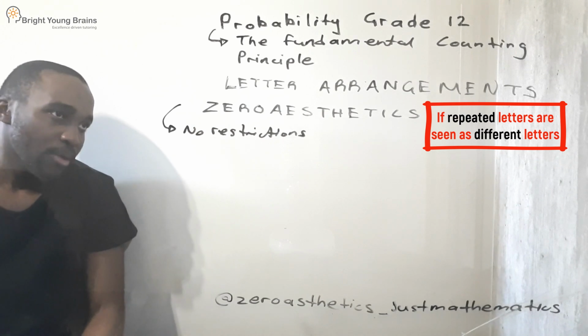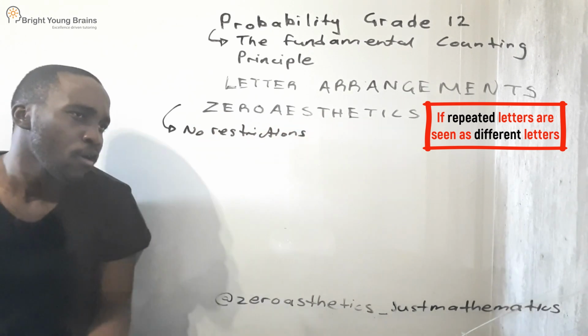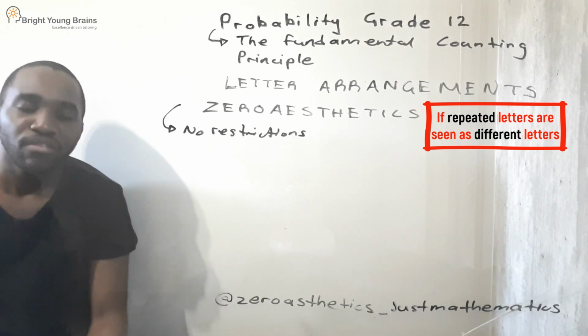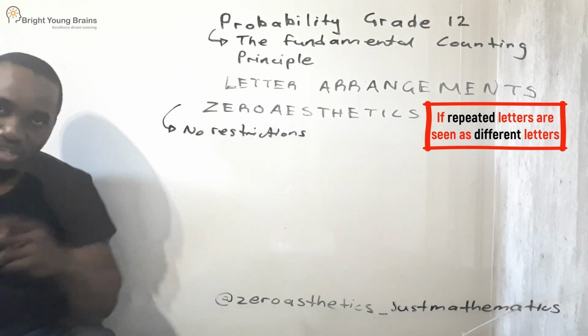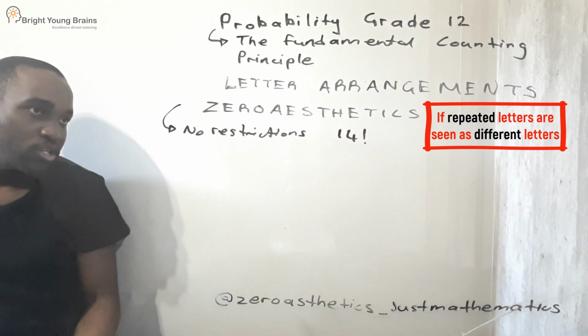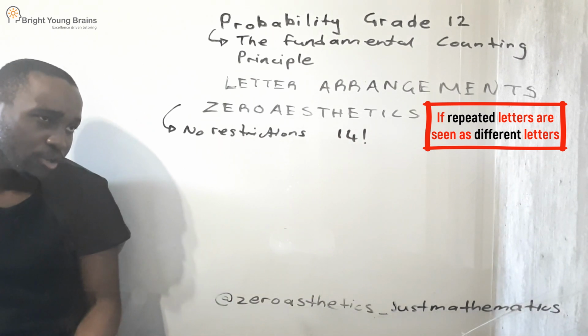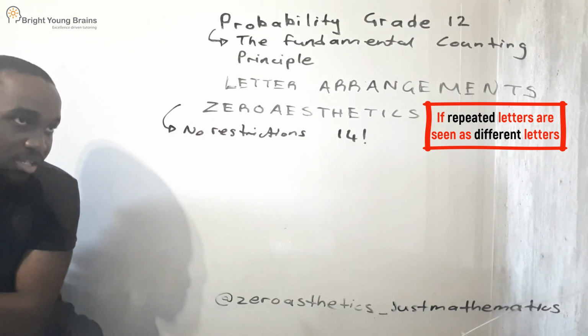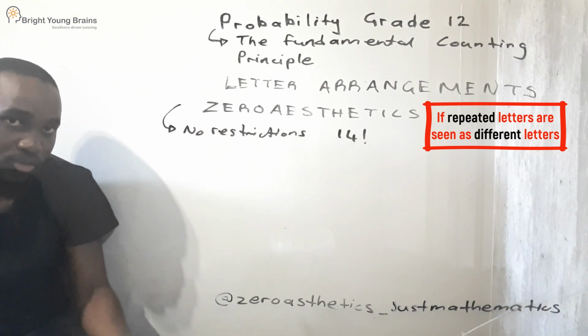In our case, we're working with 14 letters. With these 14 letters, the number of ways that they can be arranged with no restrictions is just 14 factorial ways, of which 14 factorial is quite a big number. So that's how many ways these letters can be arranged if there are no restrictions.